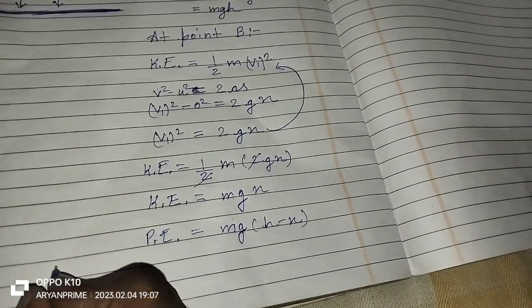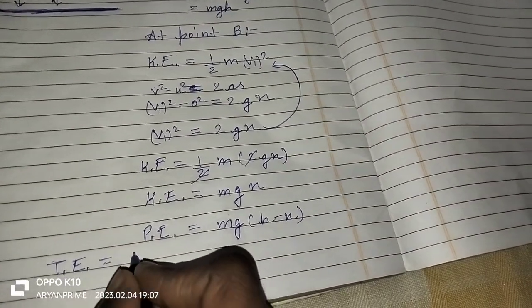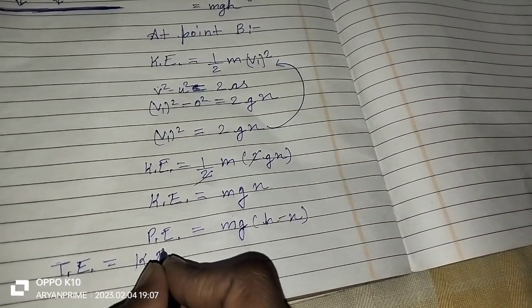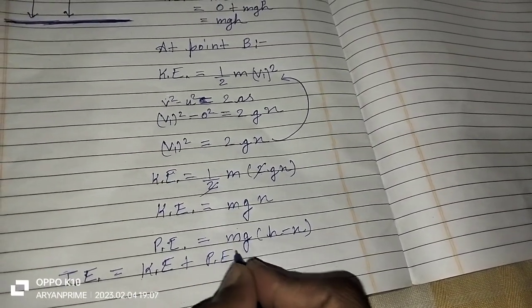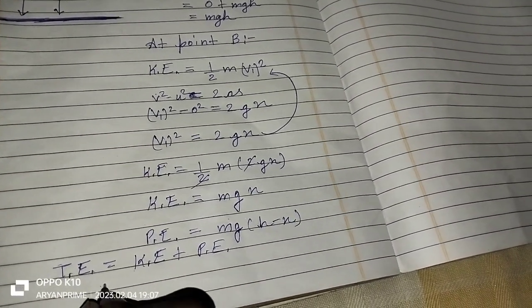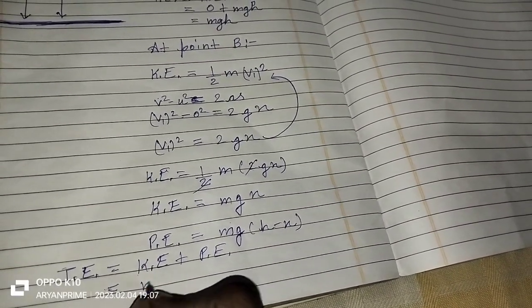So what is the total energy? The total energy equals kinetic energy plus potential energy. Kinetic energy equals mgx.